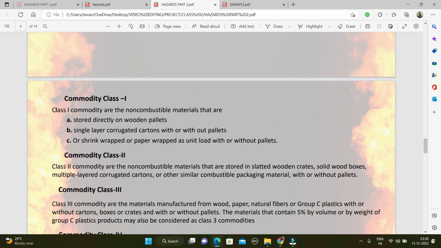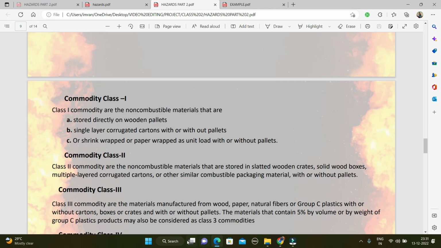Commodity class 1, generally we say class 1 commodities are non-combustible. It means it will not combust. Non-combustible materials that are stored directly on wooden pallets. It means any type of non-combustible material stored directly on wooden pallets.